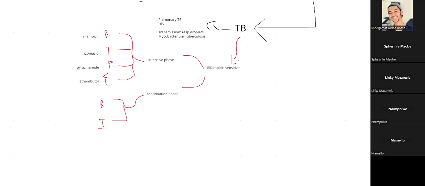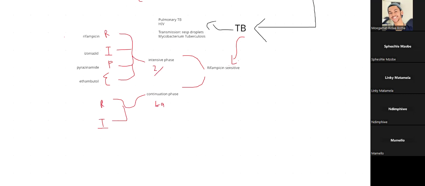The duration for the intensive phase is 2 months. Just put 2 over 52, for 2 months. And the continuation phase is 6 to 9 months, up to 24 months. Oh no, sorry, it's supposed to be over 12, not 52, that's weeks.